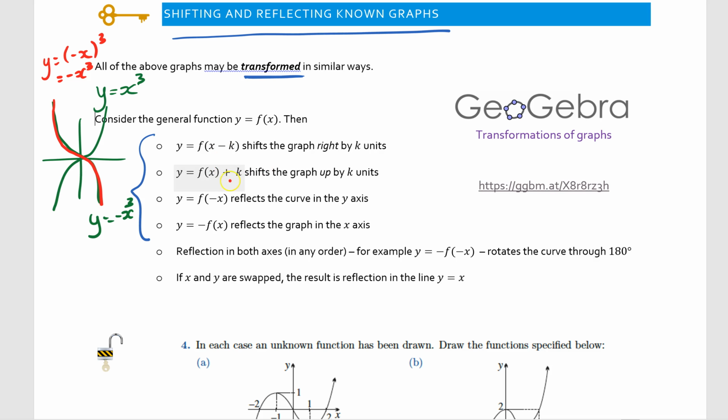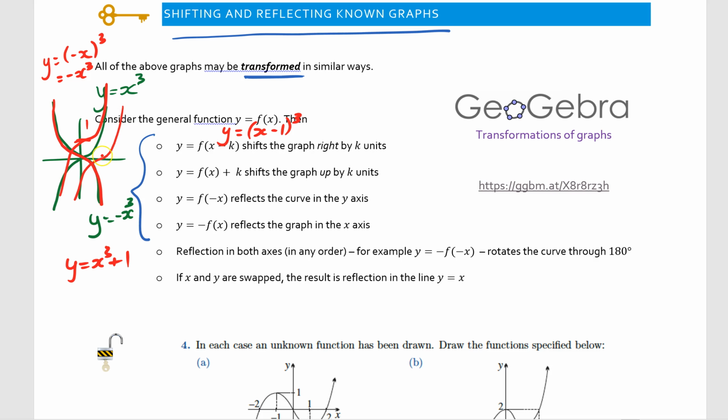If I take f of x plus k, then say I take y equals x cubed plus 1, it takes my original curve and slides it up the axis, so it intersects at 1. And lastly, if I take y equals the function of x minus k, so for example y equals x minus 1 all cubed, then that shifts my original curve to the right by one place.